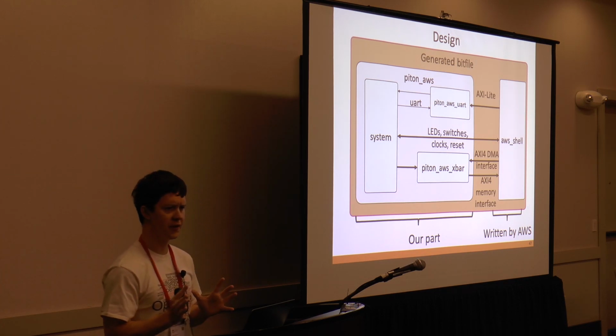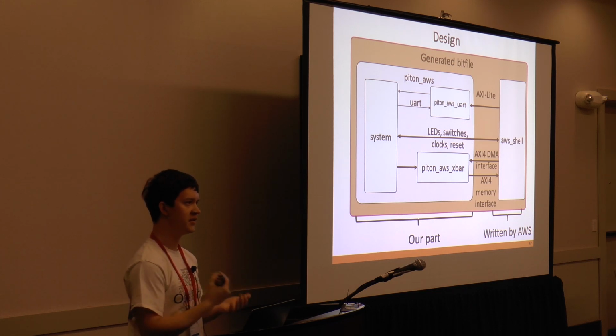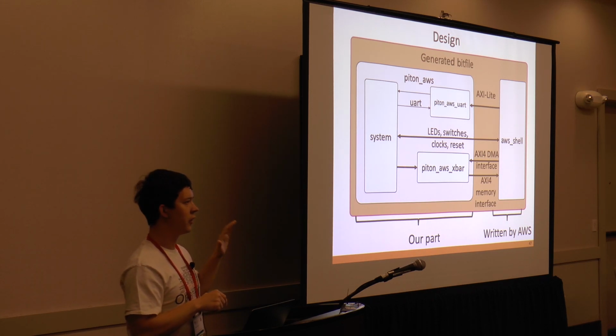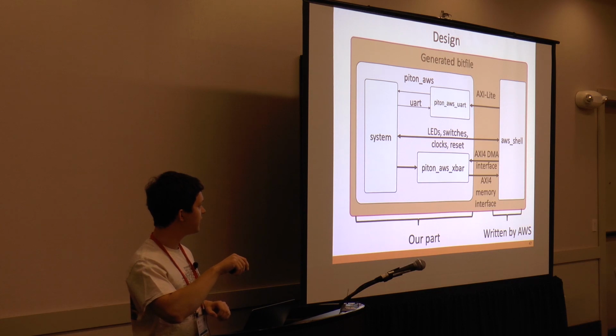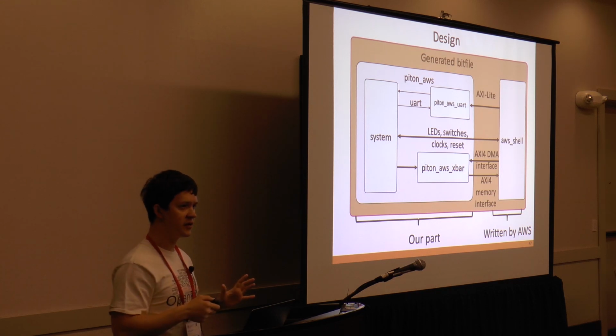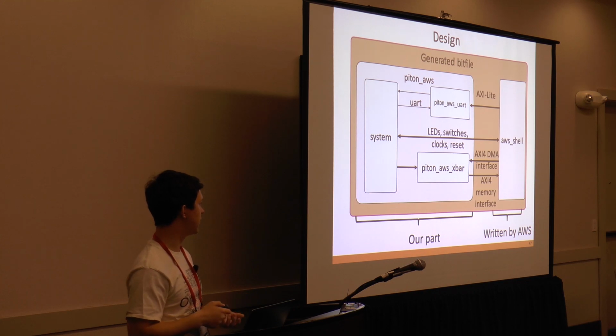There are some more interfaces to connect to other boards, but we do not cover them. But you still want to have an SD card, so we reserved some part of the main memory for the SD card, and we transfer that SD card data through AXI for DMA to the system and emulate the SD card in main memory, which is very convenient.